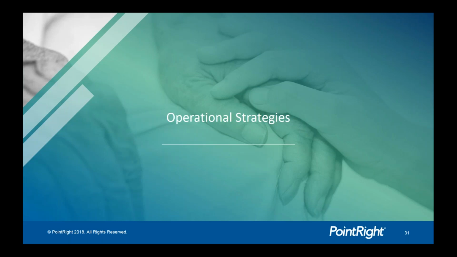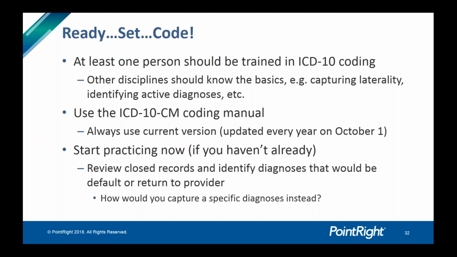So I think we need to take ICD-10 back out of the closet, dust it off, put it back up on the desk, and focus on it because it's going to be really, really important to ensuring appropriate PDPM reimbursement.